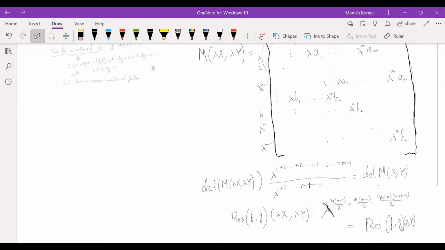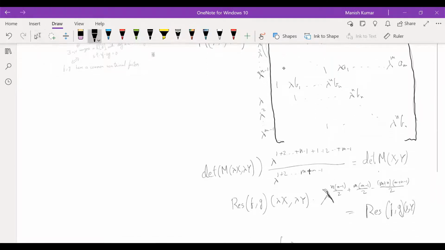So that tells us that the determinant of M at lambda x, lambda y is basically the resultant of f, g evaluated at lambda x and lambda y, and the determinant of Mxy is precisely the resultant of f, g as a polynomial in x, y. So this identity is the same as lambda to the power of this product, and this product you can check. Maybe I can write this in red.